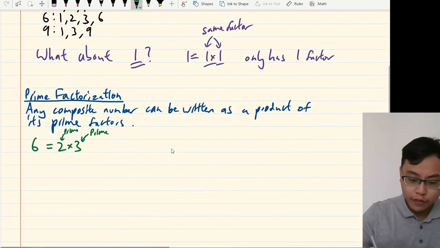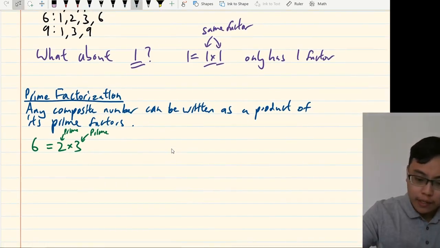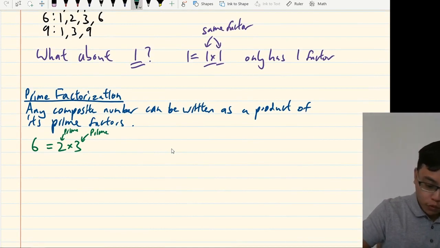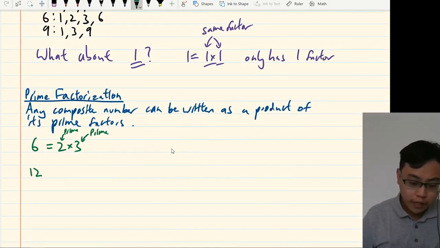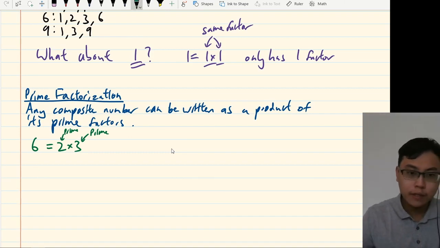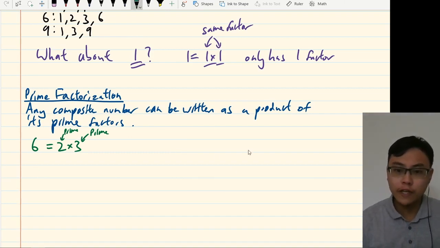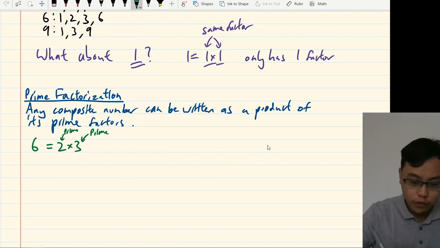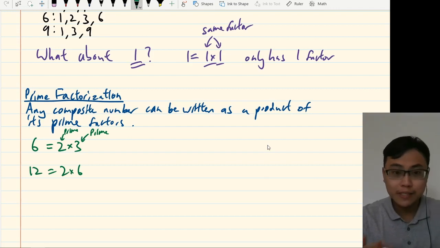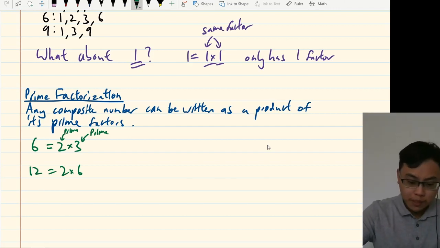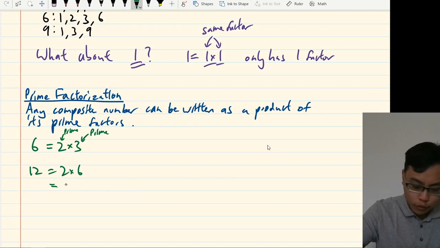And so if we think of another number, let's think of 12 as another example. Can we write 12 as a product of its prime factors? What is the way that we can split up 12 into a product of its prime factors? I know that 12 is equal to 2 times 6. And from our previous example, 6 is equal to 2 times 3, which means that I can write this as 2 times 2 times 3.